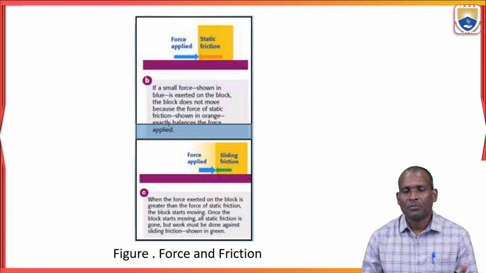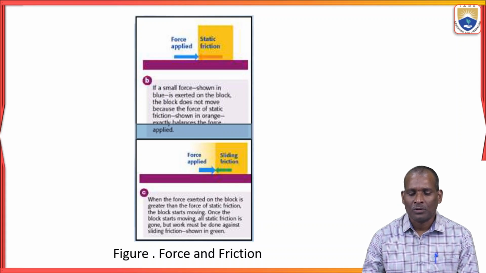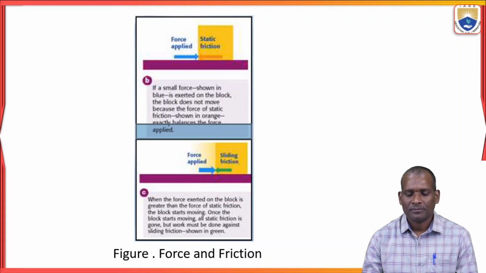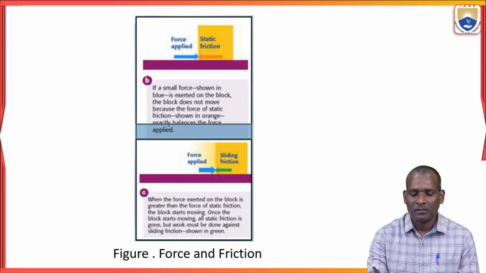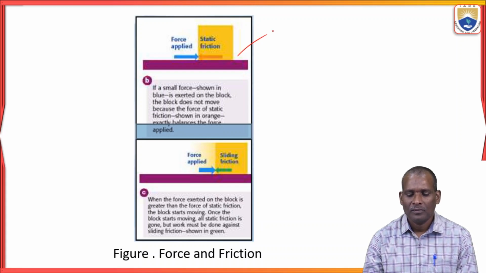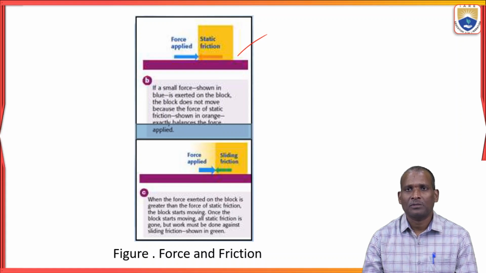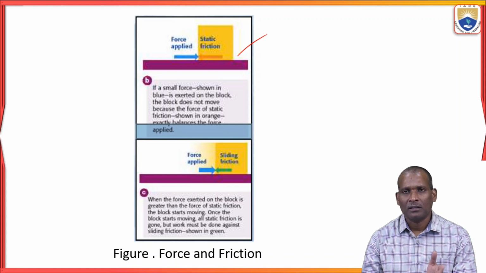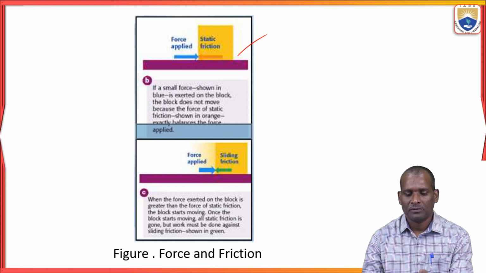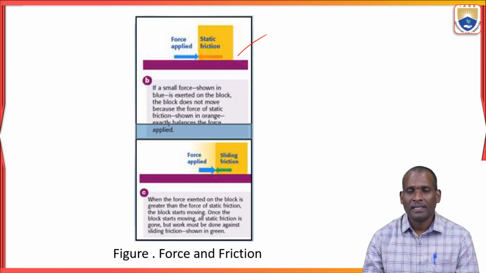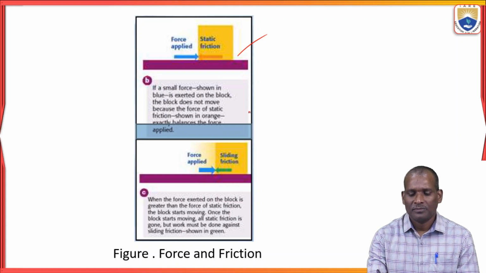A very small force, shown in blue color, is exerted on the block. The block does not move because the force of static friction, shown in orange color, exactly balances the force.